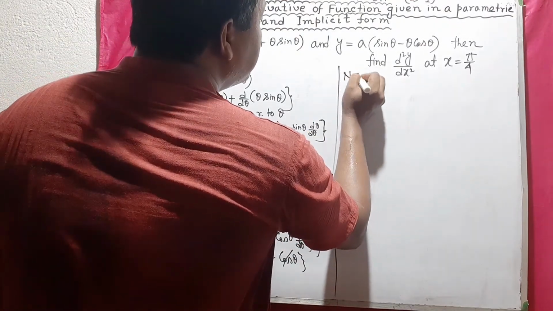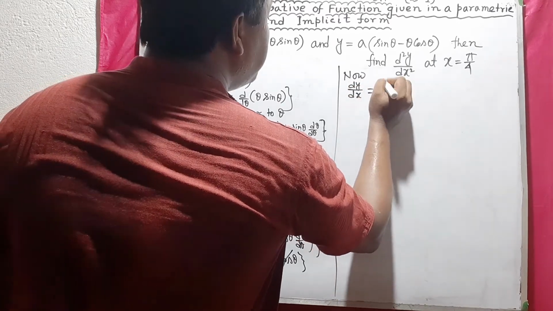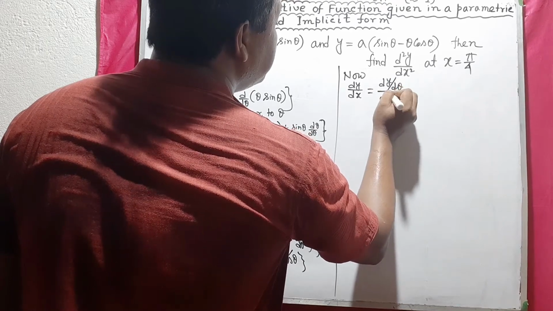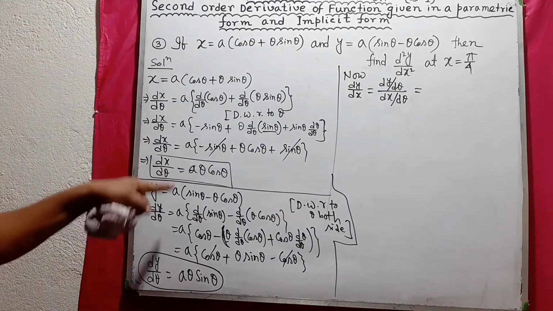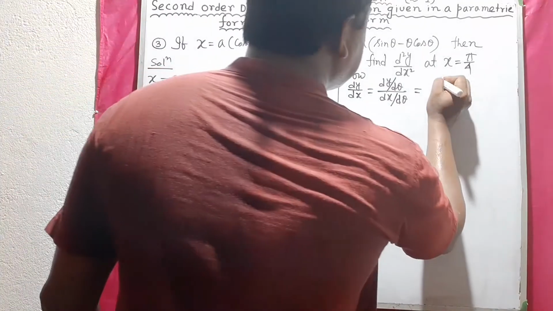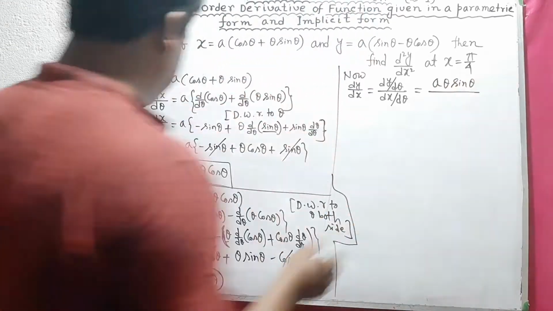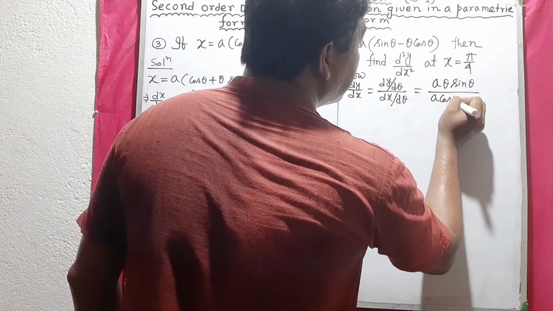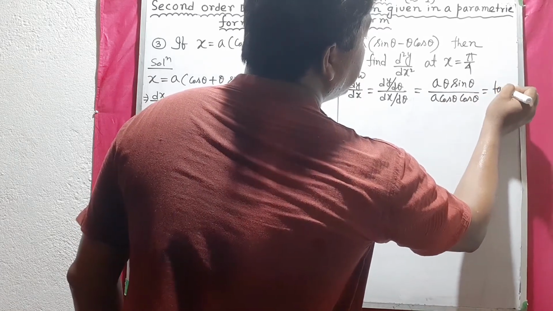Now dy/dx equals (dy/d theta) by (dx/d theta). So putting dy/d theta equals a theta sin theta by a theta cosine theta, we get only tan theta.